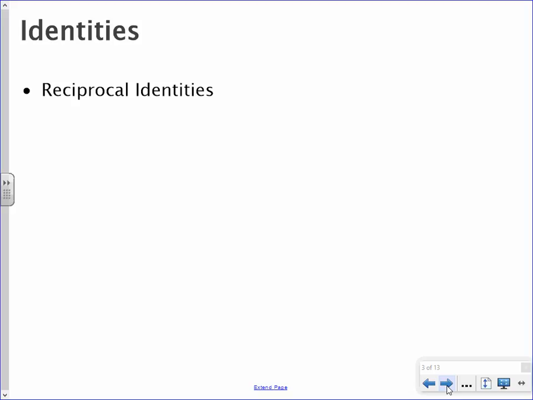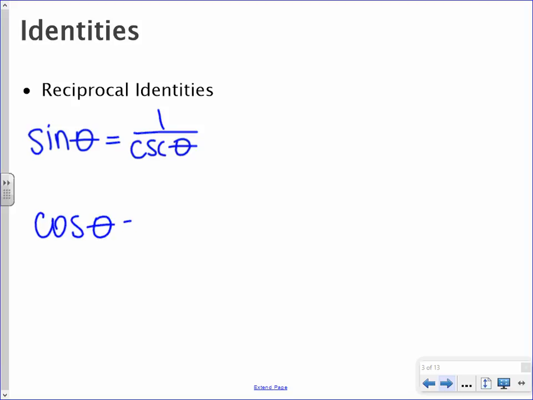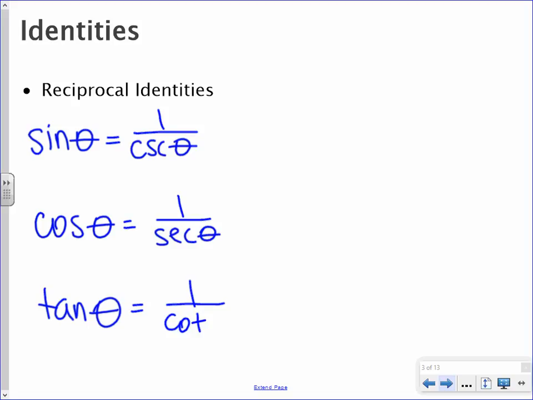So we're going to write that the sine of theta is the same as 1 over the cosecant of theta. And that the cosine of theta is the same as 1 over secant theta. And tangent theta is the same as 1 over cotangent theta.